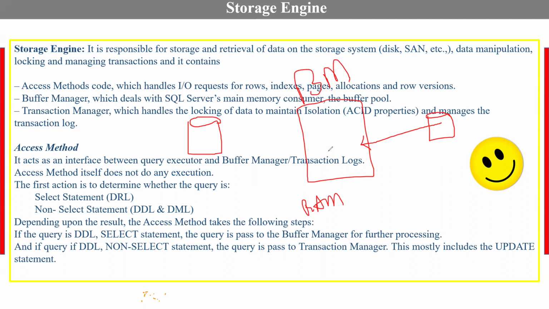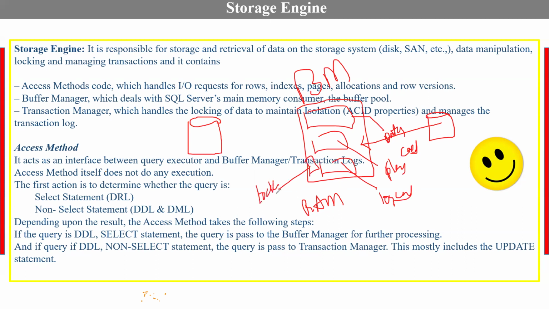Under buffer manager, we have data cache, plan cache, log cache. There are lots of caches available. We are not focusing on the other caches. We are focusing on the data cache.